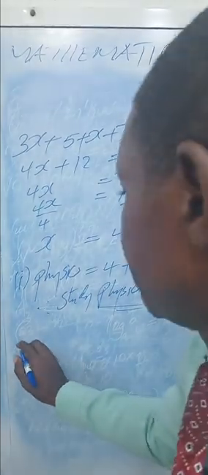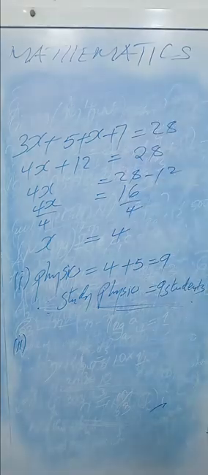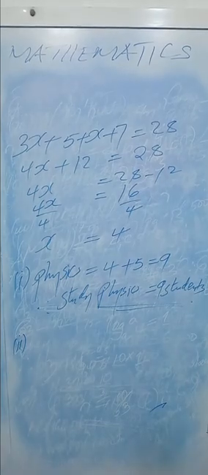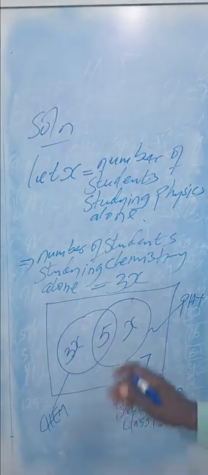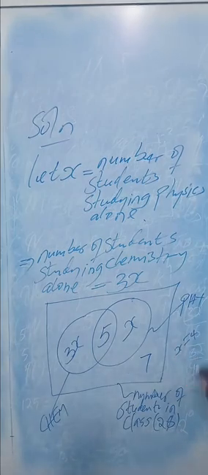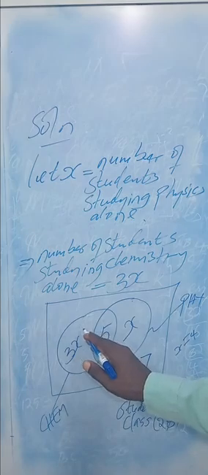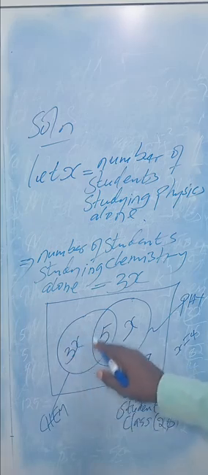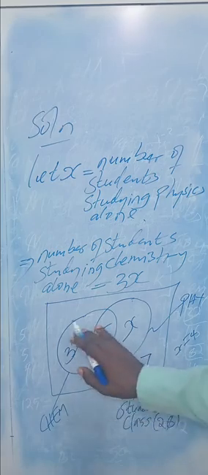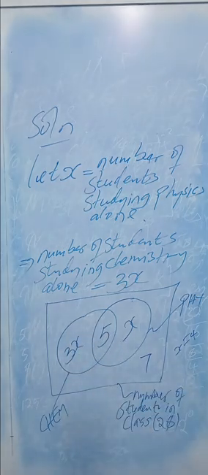And what about Roman 2? Roman 2 is saying chemistry but not physics. Let's look at our Venn diagram again. We got x equals 4. When they say chemistry but not physics, it means this part alone, where we have 3x.